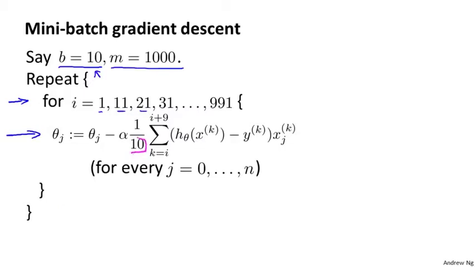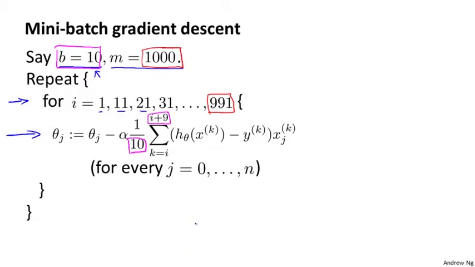So this 10 and this i plus 9, those are a consequence of having chosen my mini batch size to be 10. And this outermost for loop ends at 991 here, because if I have 1,000 training examples, then I need 100 steps of size 10 in order to get through my entire training set. So this is mini batch gradient descent.